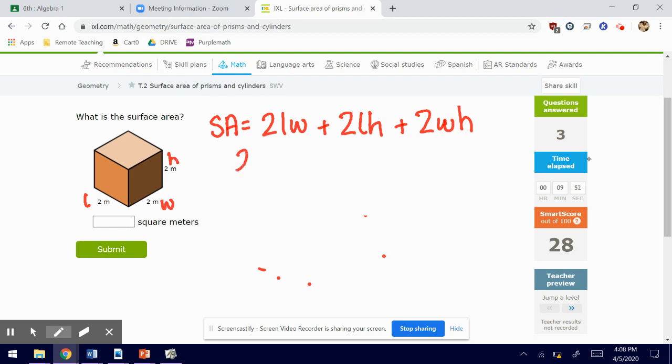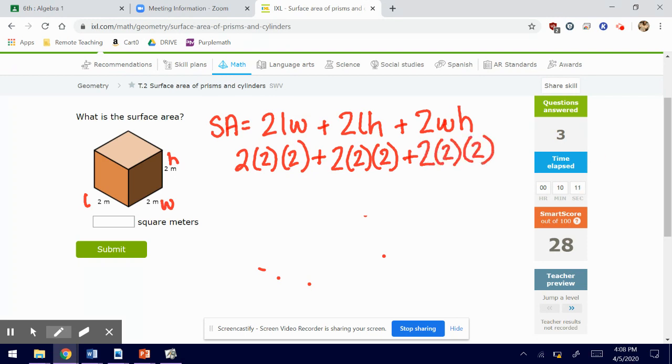I'm going to bring down my 2, my length is 2, and my width is 2. Bring down the plus, bring down that 2, my length is 2, and my height is 2. Bring down the plus, bring down this 2, my width is 2, and my height was 2. So that was pretty easy. Now, just like earlier with the cylinder, I'm just going to type it in the calculator one part at a time.